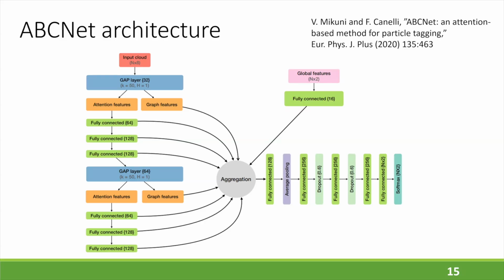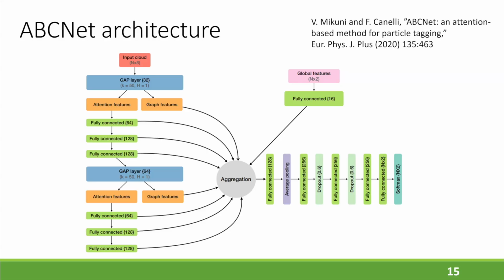Next, our model starts with a GAP layer that builds local graphs of about, on this scheme, 50 neighbors, but in the original code we use 10 and 20 neighbors, and uses attention to weight their importance. Also, each point learns from its local neighborhood, rather than being treated independently.